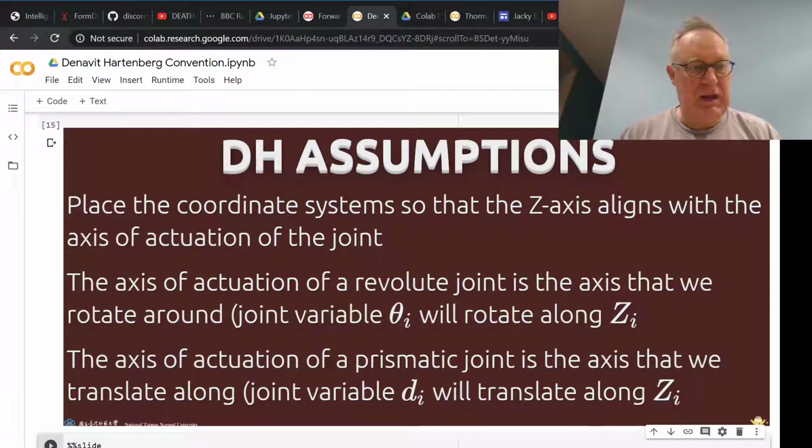So that means x i minus 1 multiplied by z i dot is equal to 0.